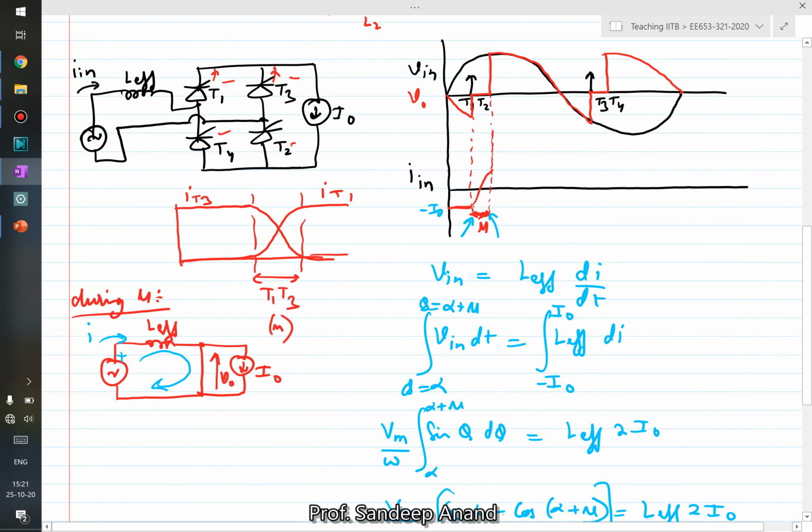But now we have some period, the period mu, where the output voltage is actually 0. In the earlier case, it was supposed to be V in. So the output voltage would certainly change in average value. As is seen from this figure, the average output voltage will actually reduce as compared to an ideal scenario. So let us try to find this new average output voltage.